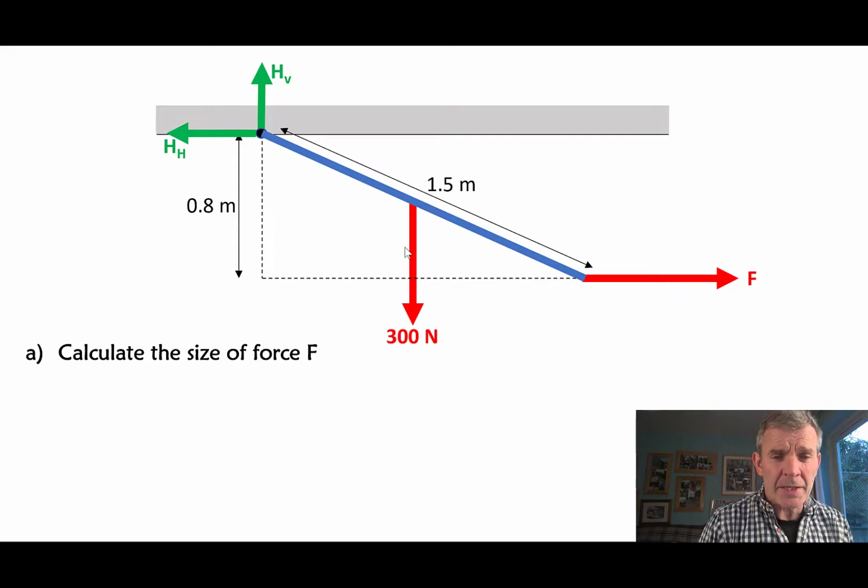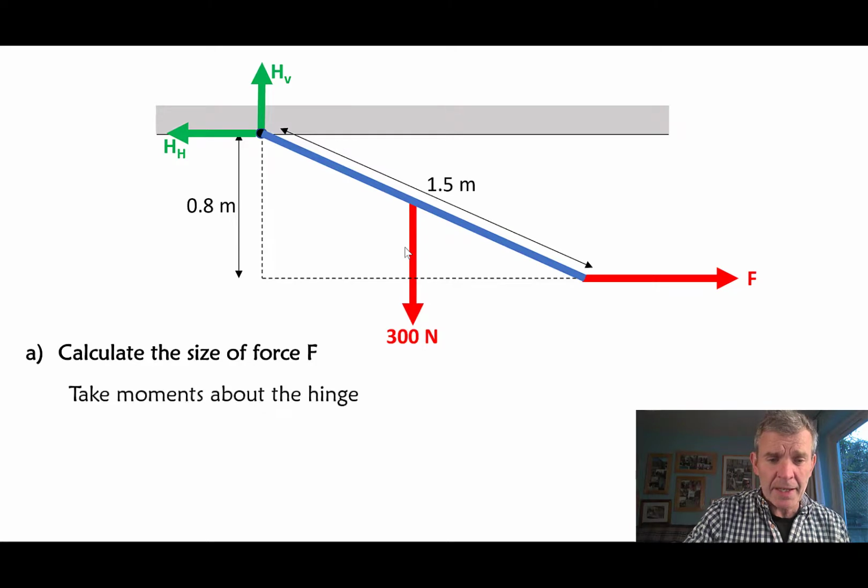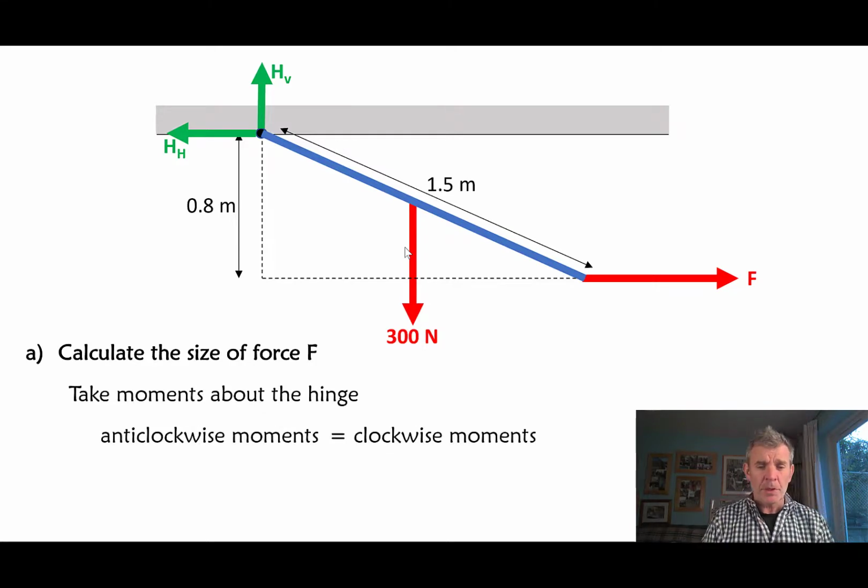If we take moments about the hinge, the unknown forces at the hinge won't appear in our equation. So if we take our moments about the hinge, the anti-clockwise moments are going to equal the clockwise moments. Force F is providing the anti-clockwise moments.